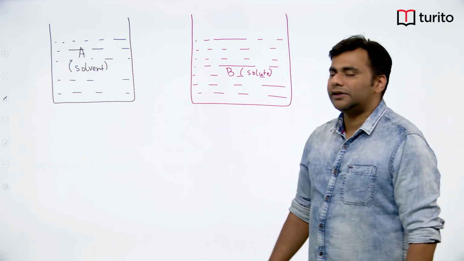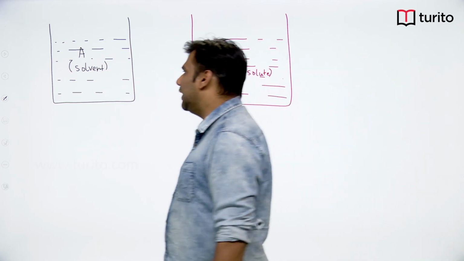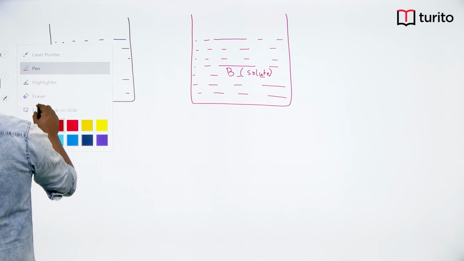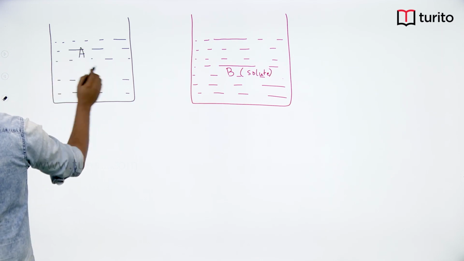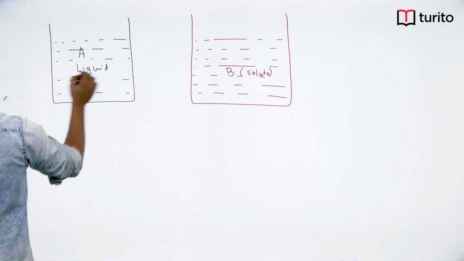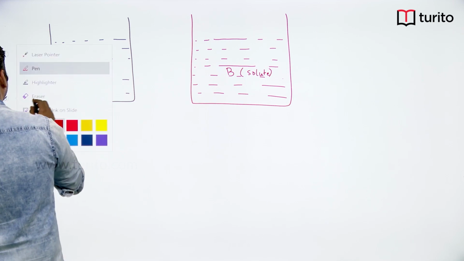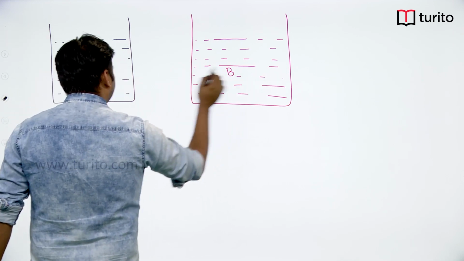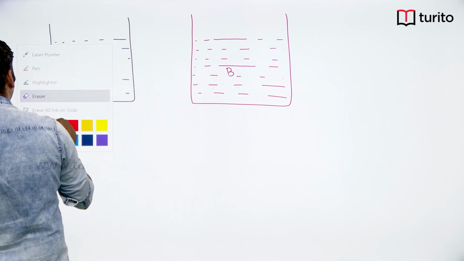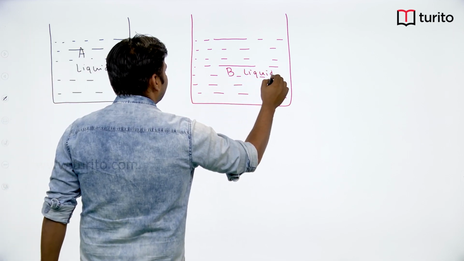So if you look at just the solvent A, or the liquid A, better is we name this as liquid A. And suppose this is your liquid B. It can be a solvent or solute also, so no need to worry about that. So we are saying that we are having two liquids A and B in containers.